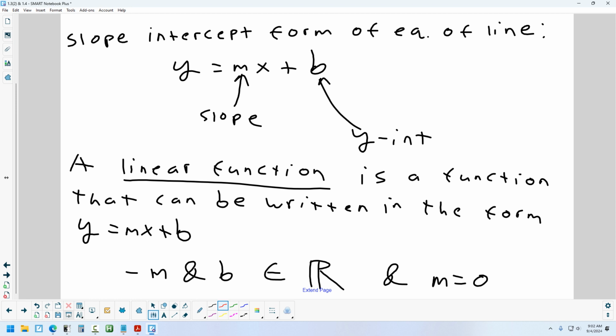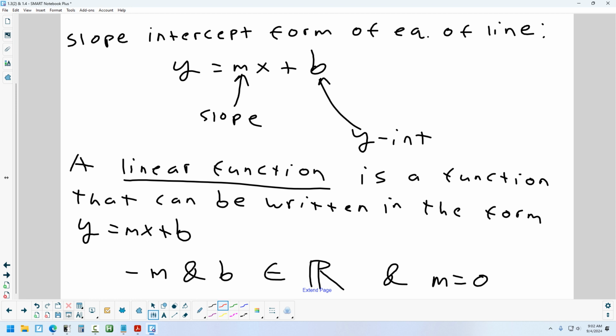If m is 0, then you get what's called a constant function. Okay? That's a horizontal line. Whether you still call a horizontal line a linear function, I think you could, but that's how our book defines it.